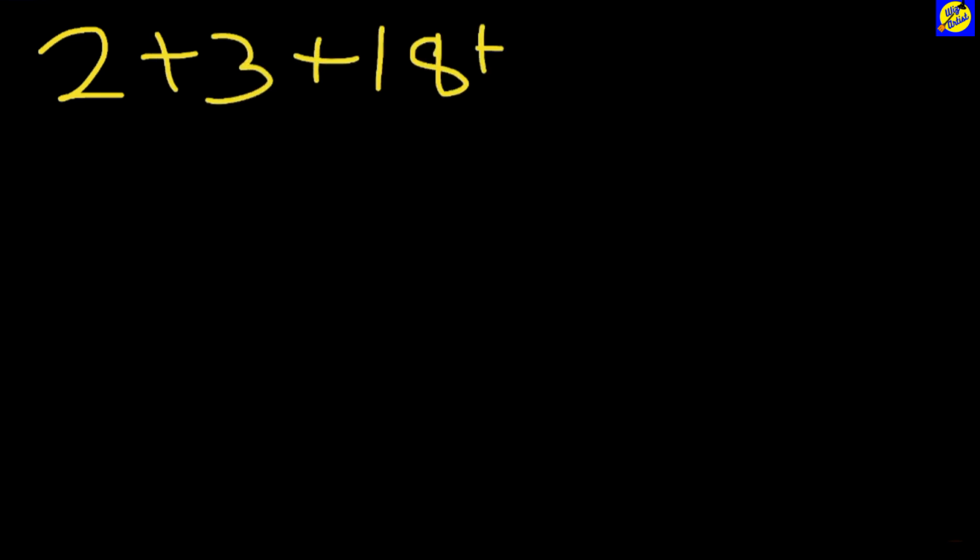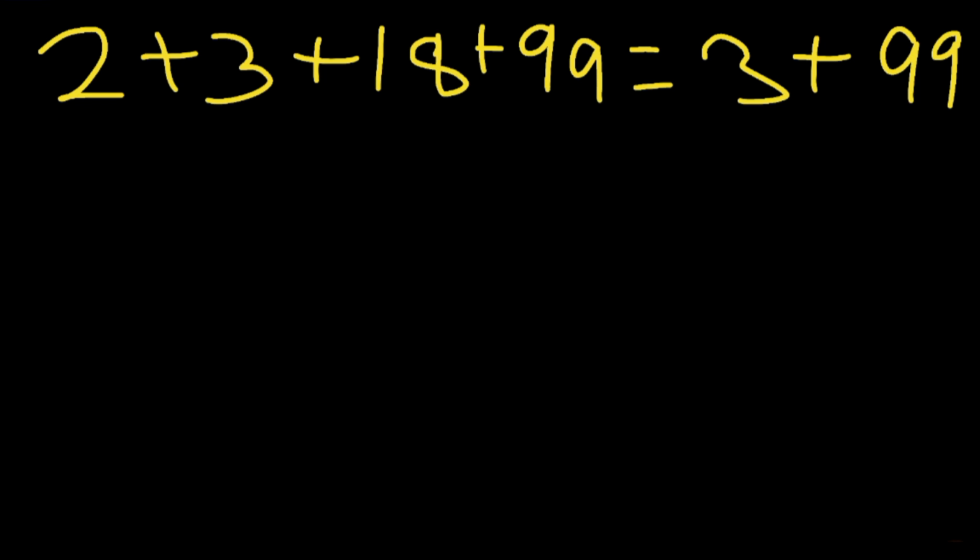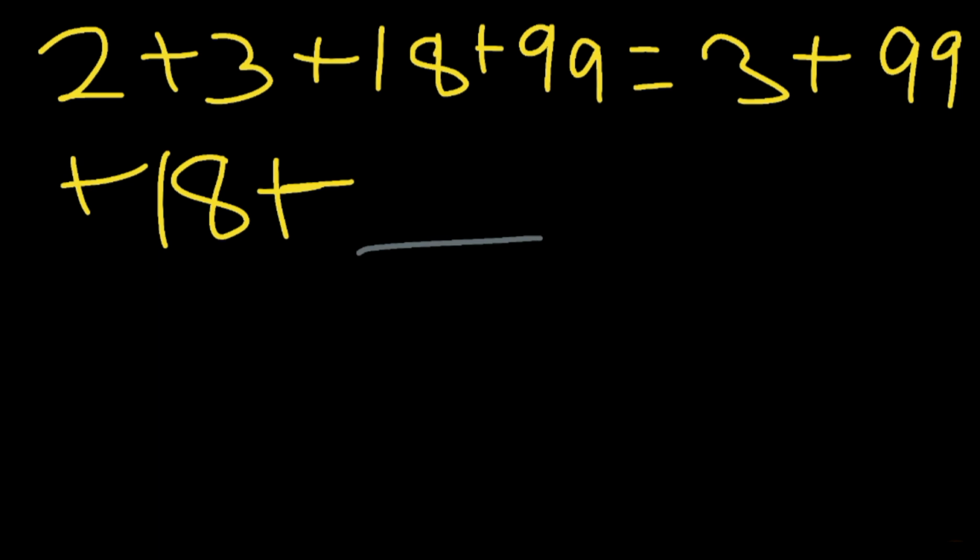Alright, so these properties will help you solve a few examples. Here is a type of question that might come in your exams for the associative and commutative property. Suppose I ask you: 2 plus 3 plus 18 plus 99 is equal to 3 plus 99 plus 18 plus dash. Now what are you going to fill in this blank?